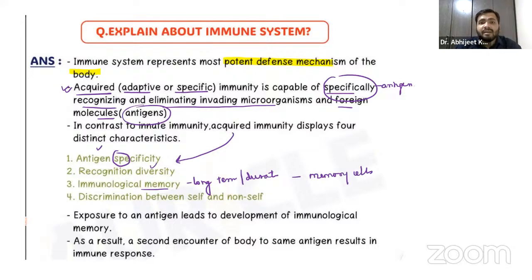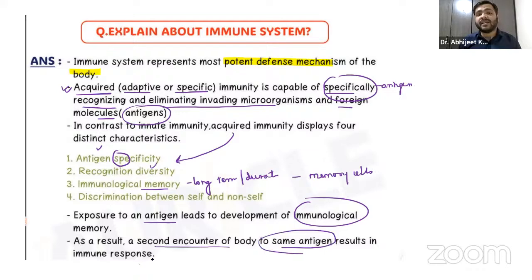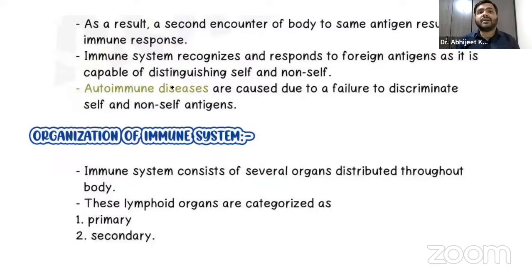So remember, exposure to an antigen will lead to the development of the immunological memory. As a result, a second encounter of the body with the same antigen, guys, will result in this immune response. Now, second, the immune system recognizes and responds to foreign antigens as it is capable of distinguishing self and non-self, what is in the body and what is coming from outside the body.